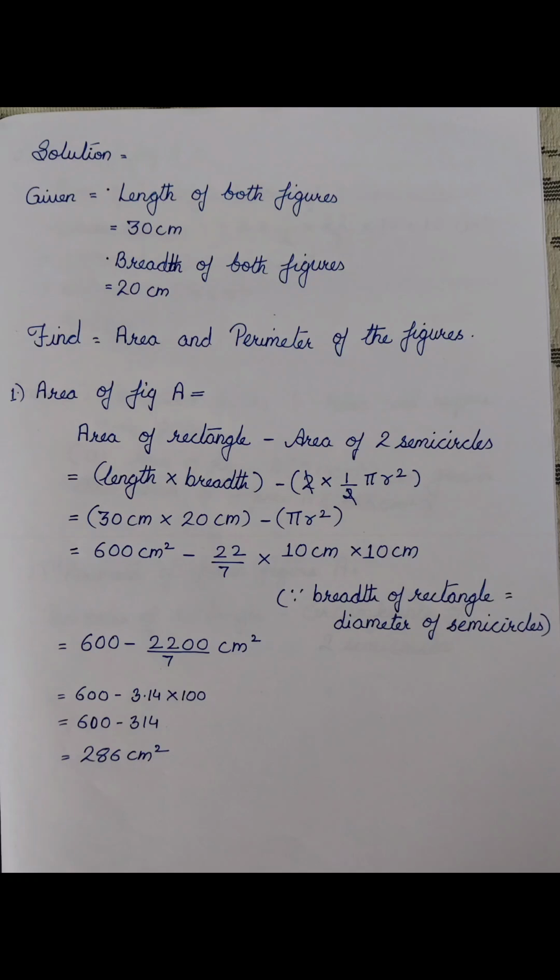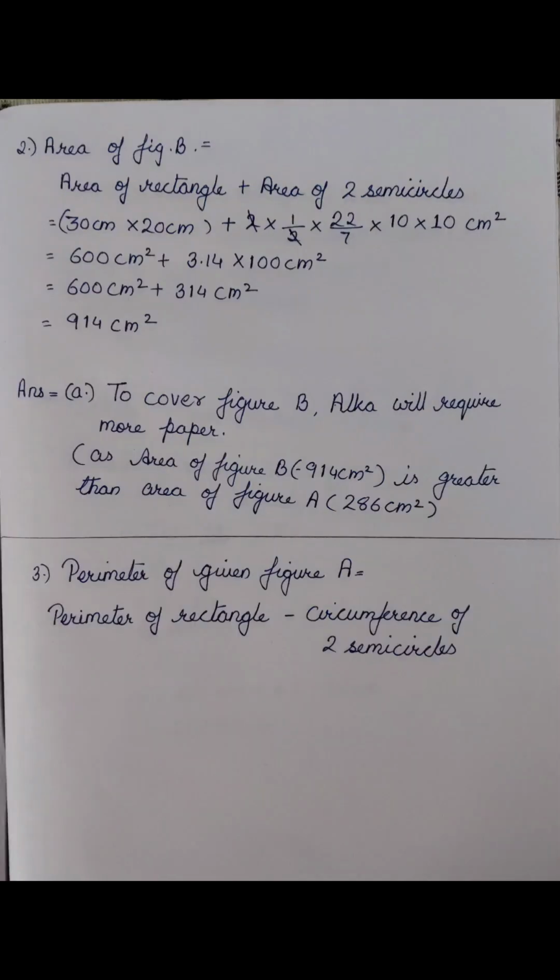So the radius will be 10 centimeter, and that's why r square is 10 centimeter into 10 centimeter. Now let's solve further. 600 minus pi, which is 3.14, into 10 into 10, which is 100. Multiplying 3.14 into 100, I get 314. Subtract from 600 and you will get 286 centimeter square. This will be the area of figure A.